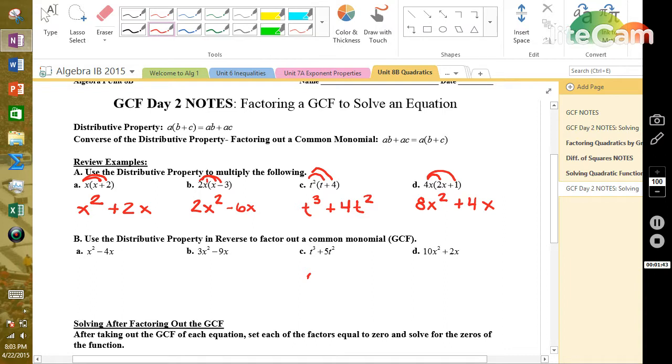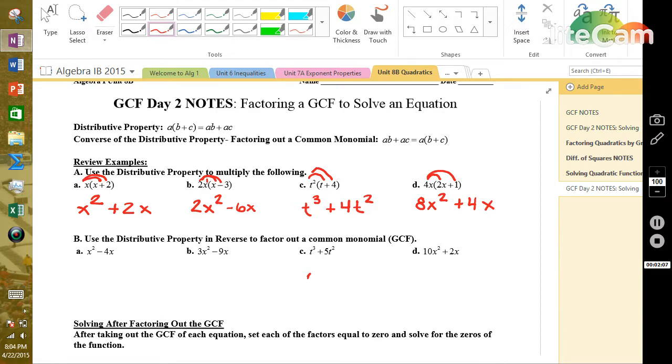For the next part of review examples, we're going to use the distributive property in reverse like we did yesterday. We're going to factor out a common monomial, the greatest common factor. So the first thing we did yesterday was we looked at our coefficients in front of our variables. We listed all of the factors that go into those coefficients.